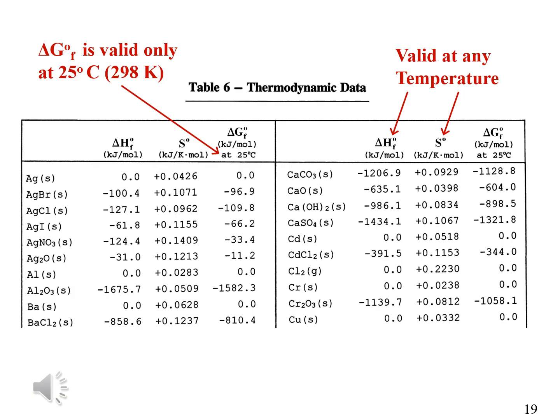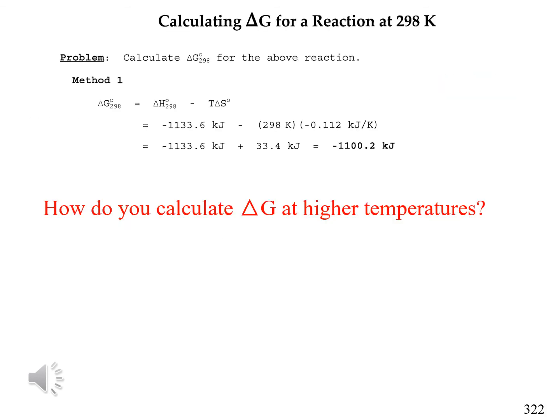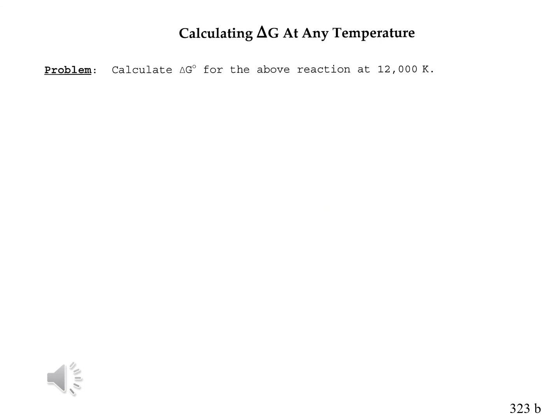So when you calculate the H and S from the table, those you can consider valid at any temperature, but you can only use the delta G values from the table at 298. So the question is, how do you calculate delta G at a higher temperature? Let's suppose you want to calculate delta G at 12,000 K instead of 298.